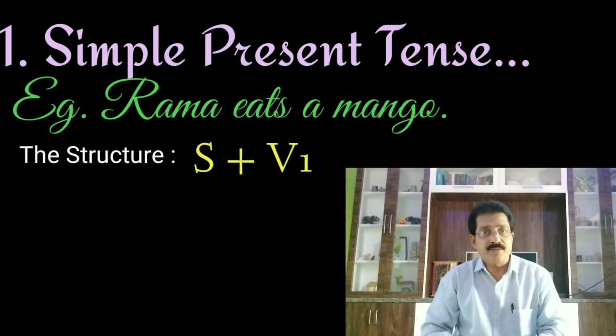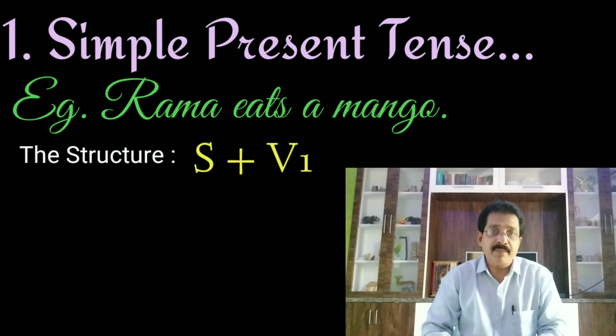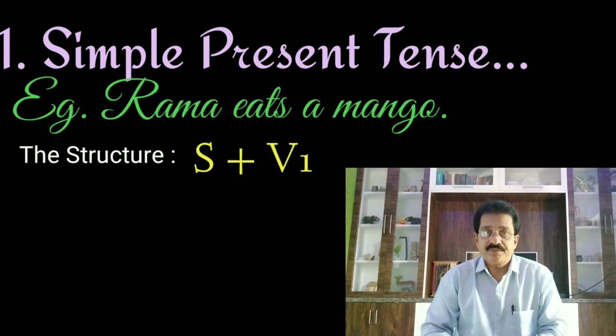V2 refers to the past form of the verb, that is ate, and V3 is the past participle form, that is eaten. So V1 is the present form, V2 is the past form, V3 is the past participle form. That is the reason whenever I give you the formula or the structure of the sentence, I'll be telling V1, V2 or V3. So remember what these are.